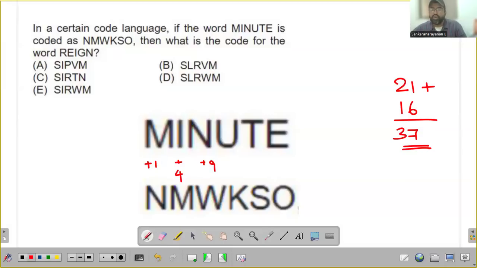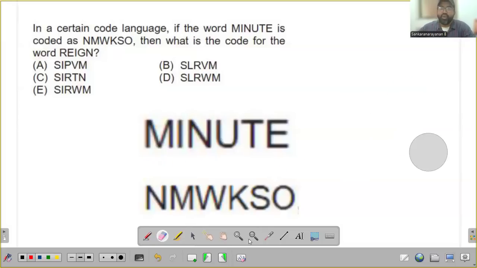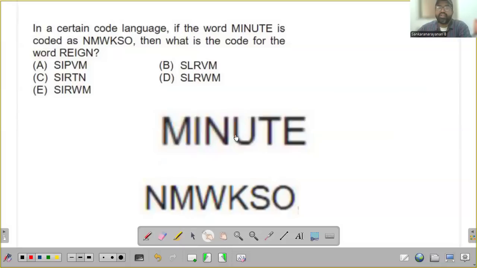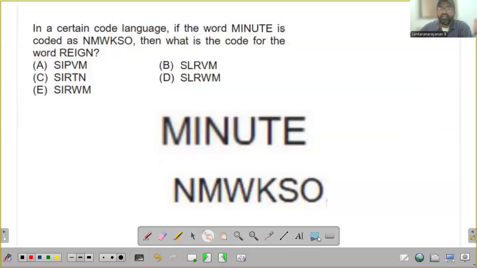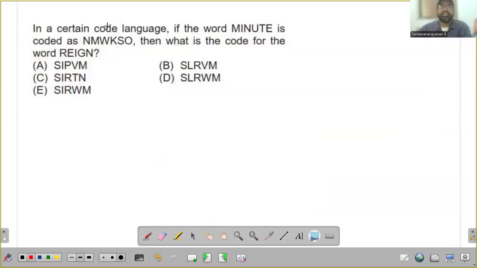So logic wise, I could see that it is following like this. 1 square, 2 square, 3 square, 4 square, 5 square, 6 square. That is the logic. You are adding those numbers over here. So keeping that into our consideration, we can now answer the target that is given here.